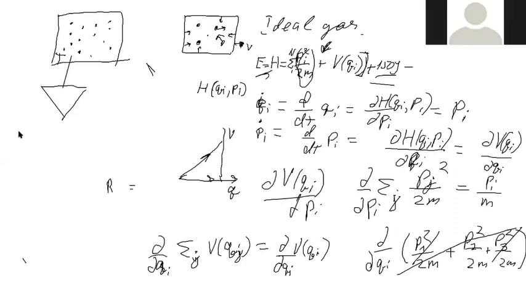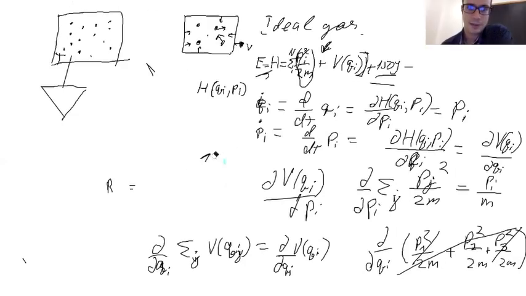Minus sign. Yeah, minus sign, because potential acts in the opposite side. So particles try to acquire velocity such that they move away from the peak of the potential. The direction in which potential grows is exactly the opposite to which the particle tends to move.